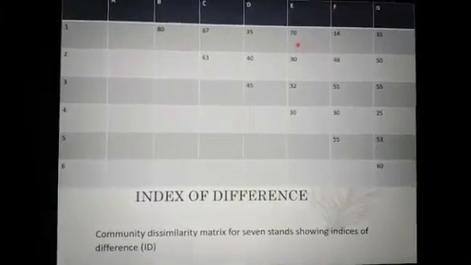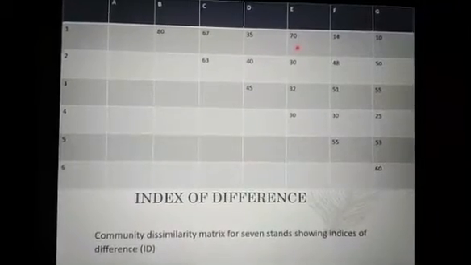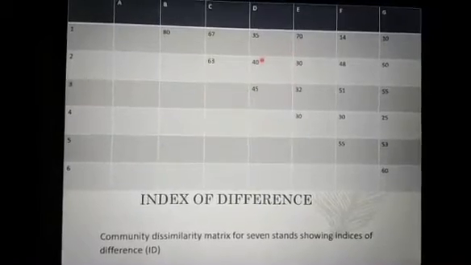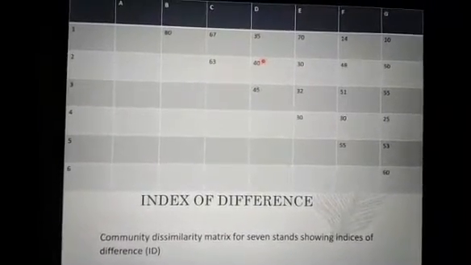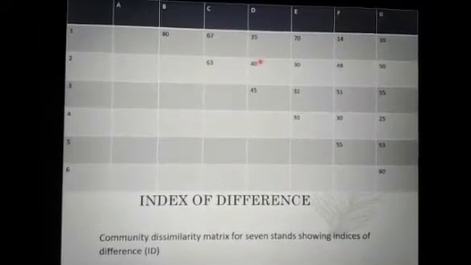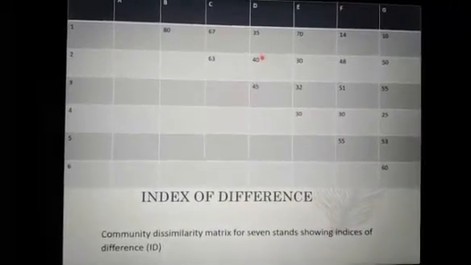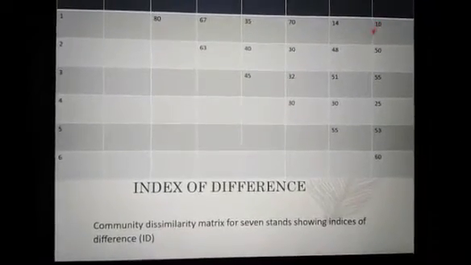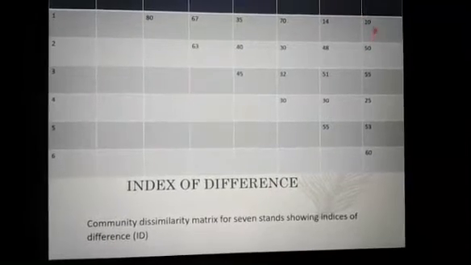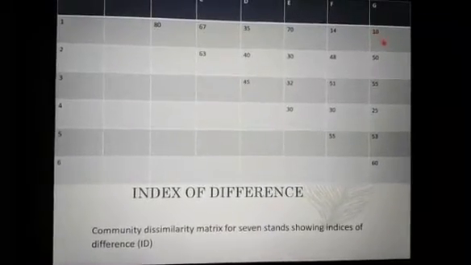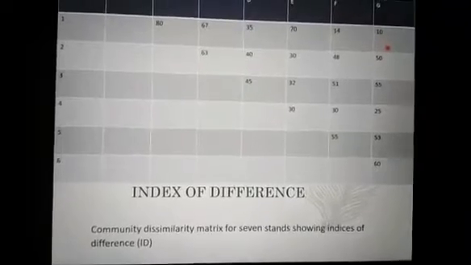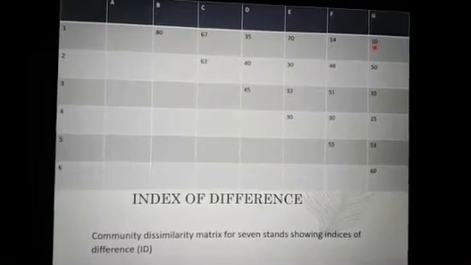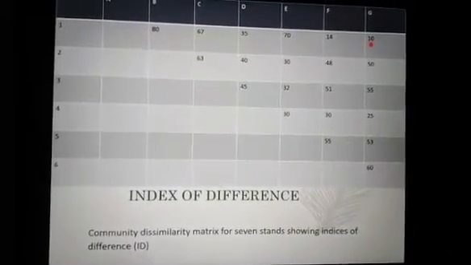To find that, since it's supposed to be 100%, to find the ID we say 100 minus the community coefficient. Here, the community coefficient for F to G was 90, so 100 minus 90 gives 10, which is the difference.